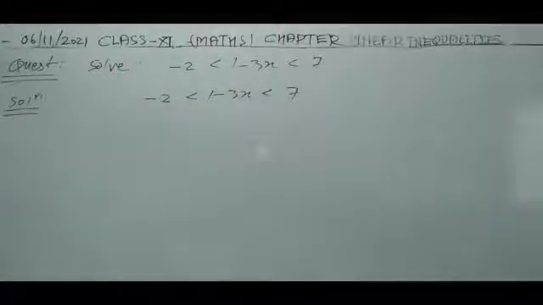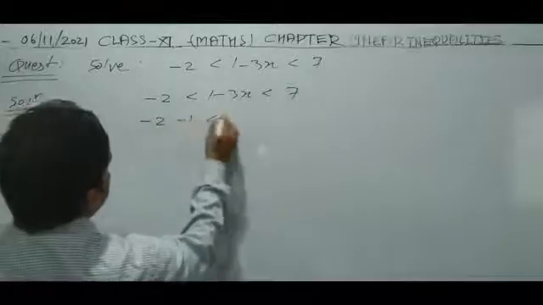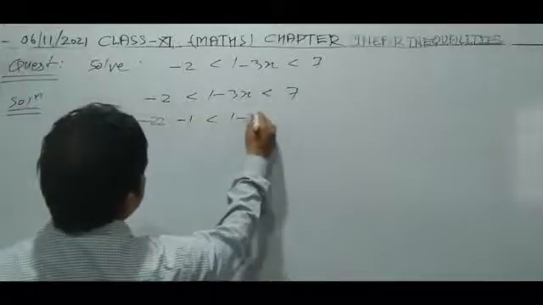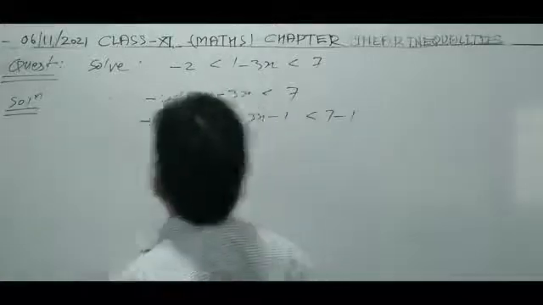So we have to subtract 1 in this inequality. Minus 2 minus 1 is less than 1 minus 3x minus 1 is less than 7 minus 1.